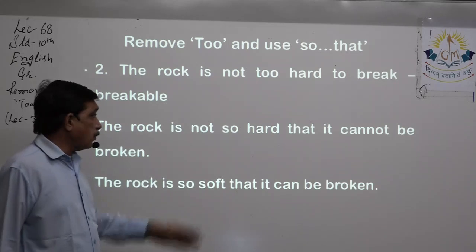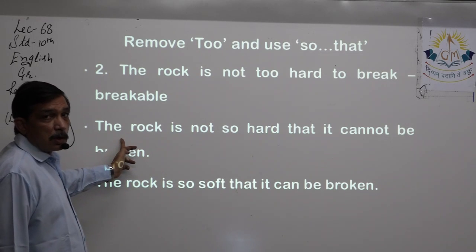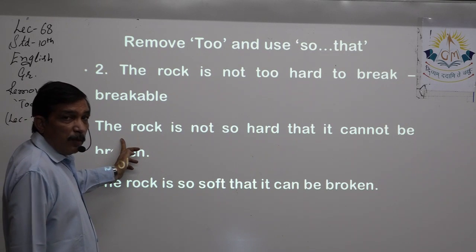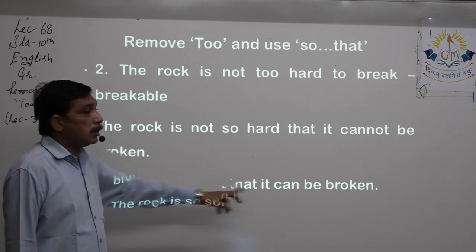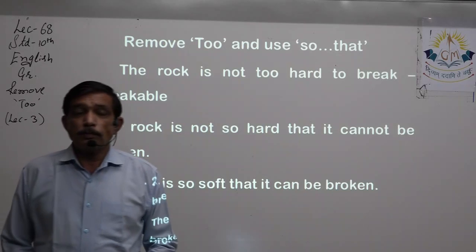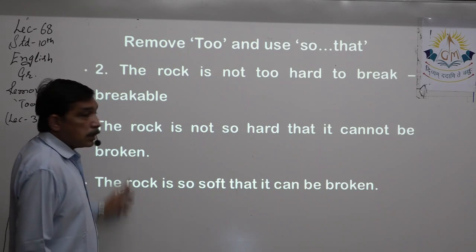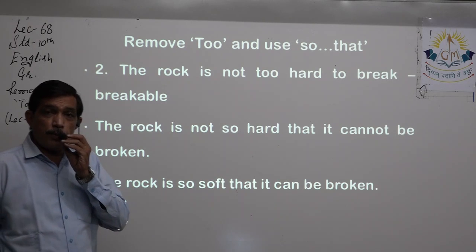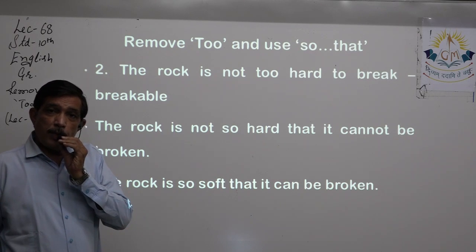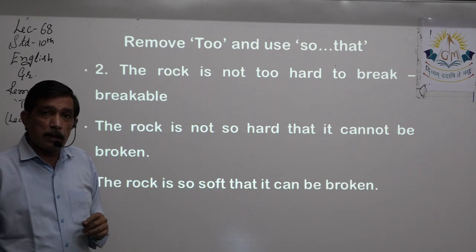Not too hard, soft. That means again this sentence also means it is breakable. The rock is so soft that it can be broken. All the three sentences, without the change of meaning, these three sentences are the same.